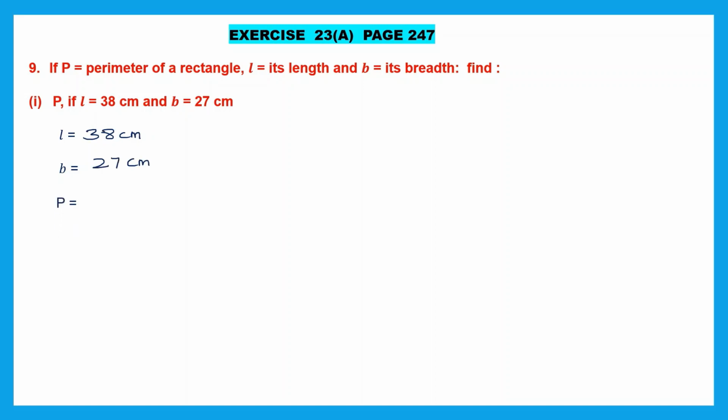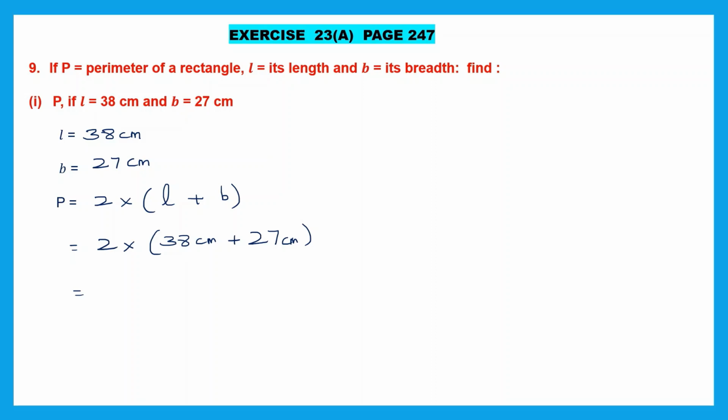Now we have to find the perimeter, and the formula to find the perimeter is 2 into length plus breadth, that is L plus B. So we're going to substitute the values here. 2 into length is 38 centimeters and the breadth is 27 centimeters.